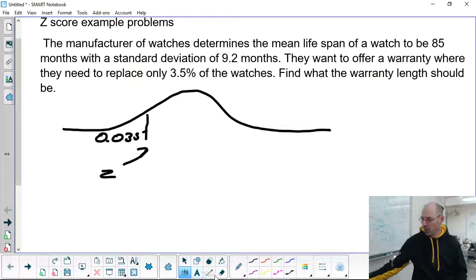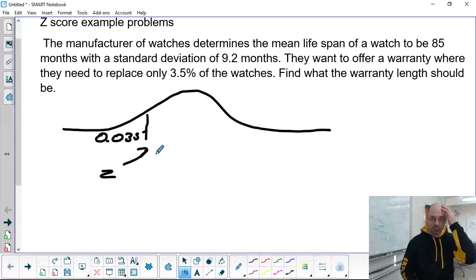We want them to last. They want to only fix a few of them, so we want the ones that will break at that small amount. So it's going to be a very small percentage, right? So no, I had it right. It's going to be a negative z-score.